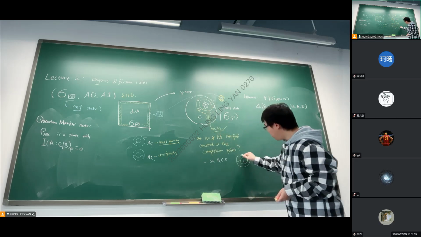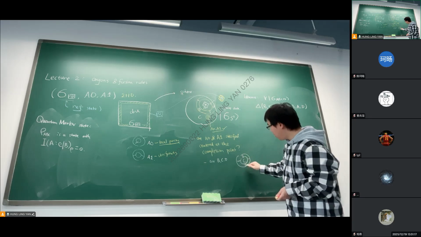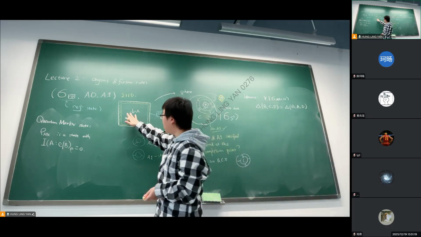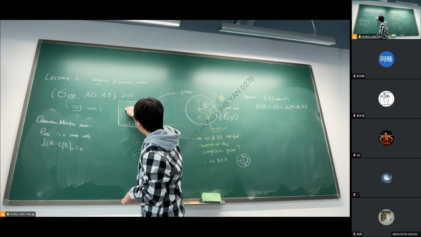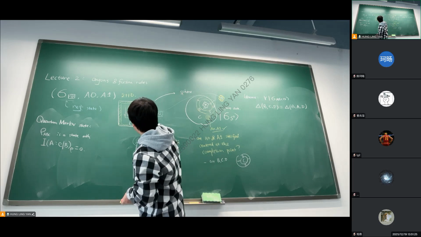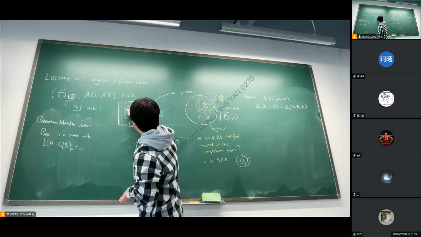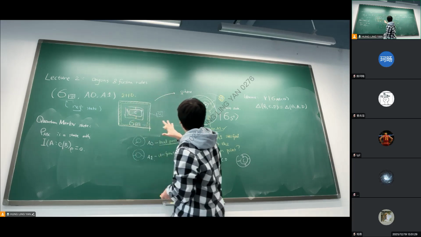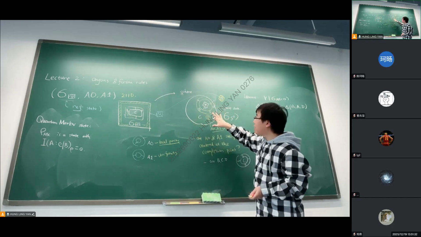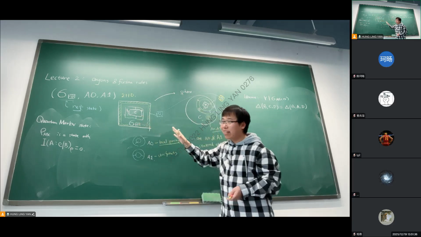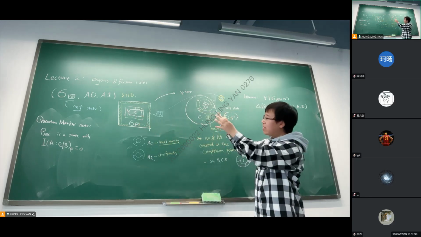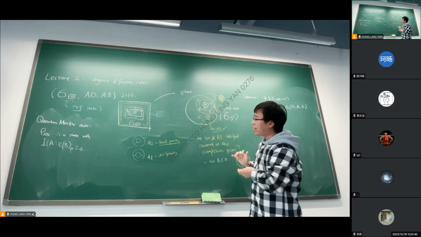So say it's here, and B and D there, and you can even draw this in the original figure. So after grouping, this B, C, and D will be just those qubits. You deform it in a topological way and put it on the sphere.